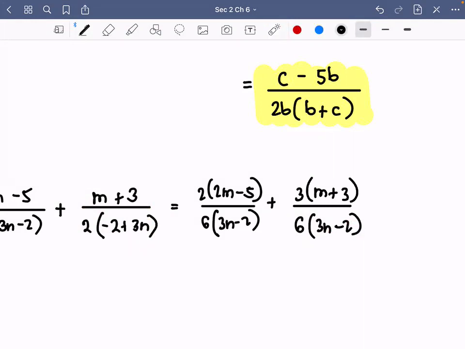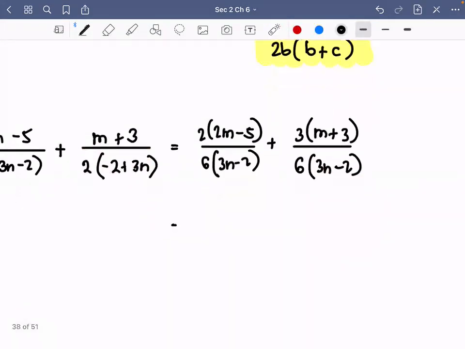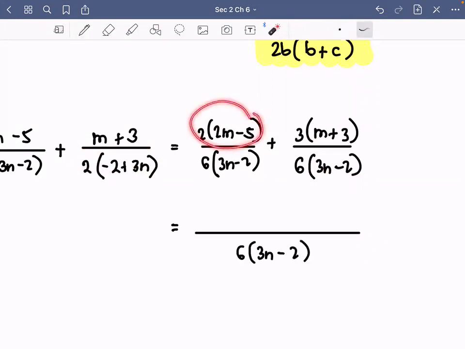So what's next here? I'll just combine them and expand the numerator by removing the brackets. I'll express it as one fraction, over 3n minus 2. So what do you get from here? You'll get 4m minus 10 plus 3m plus 9.